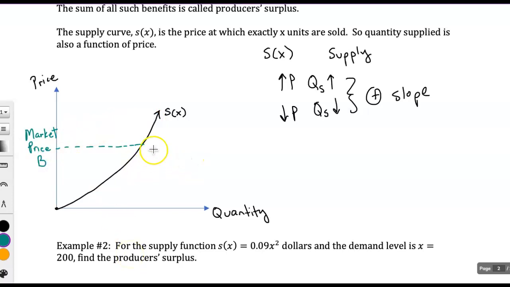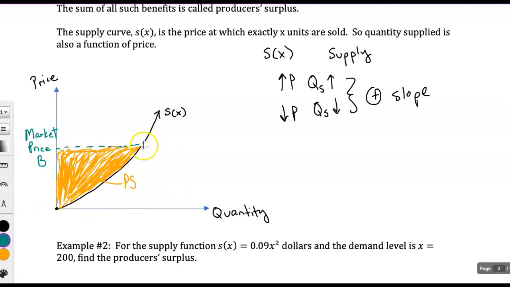Okay. So this is the price that I'm going to get. But look, I'm willing to sell at any of these prices. So this is all surplus because I was willing to take less for whatever I'm selling, but consumers are willing to pay me more. So let's make up this difference. So all this shaded area is called producer surplus.